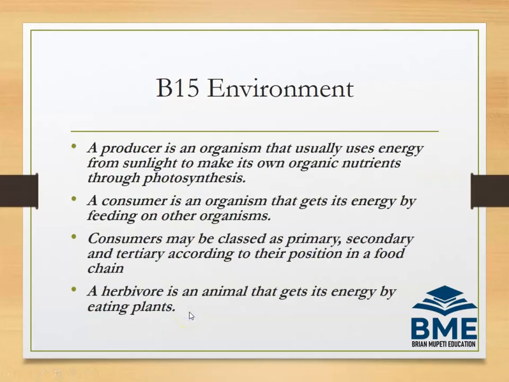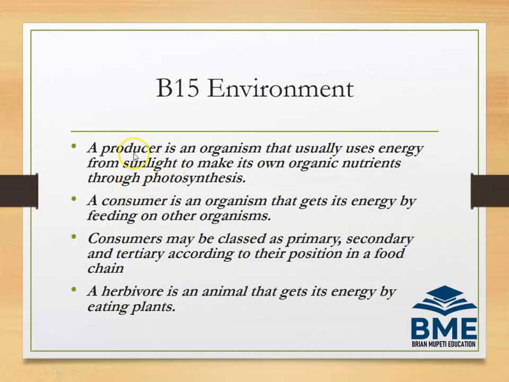Right. We also need to appreciate that a producer is an organism that usually uses energy from sunlight to make its own organic nutrients through photosynthesis. So the first organism in a food chain should be a producer. It should be an organism that is able to make its own food through photosynthesis.